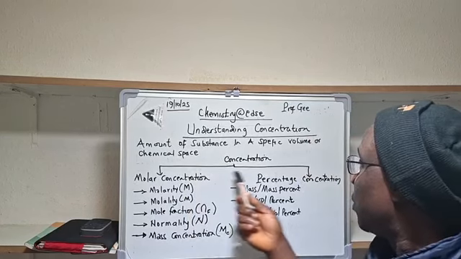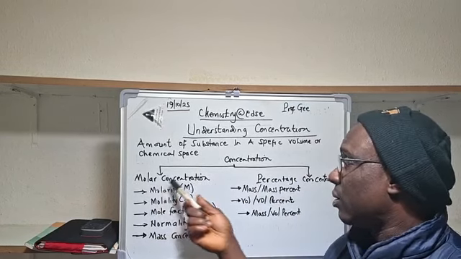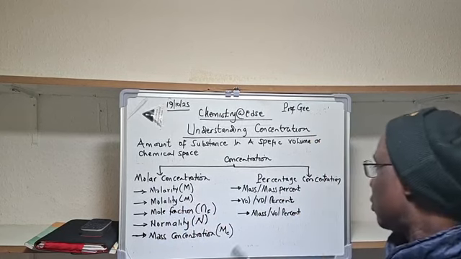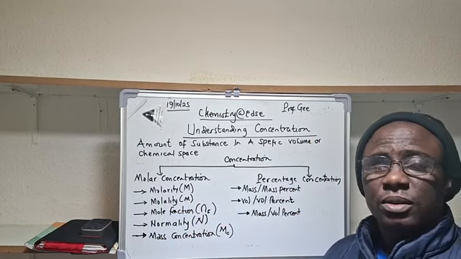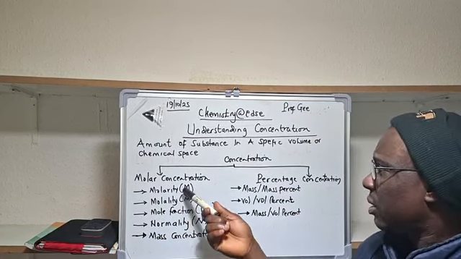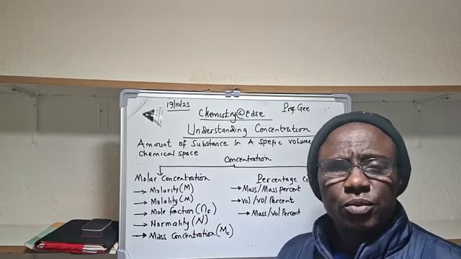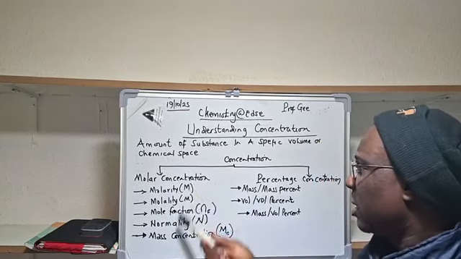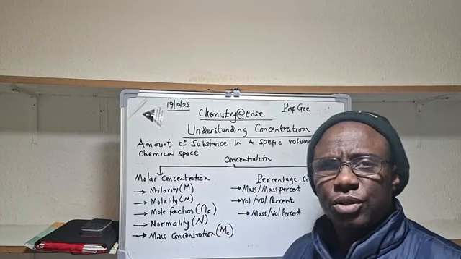There are two major forms of concentration. It could be molar concentration or it could be percentage concentration. Most importantly, molar concentration happens to be one of the most common types that we use in laboratory work.